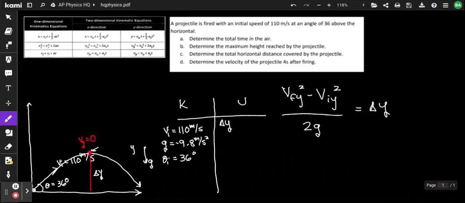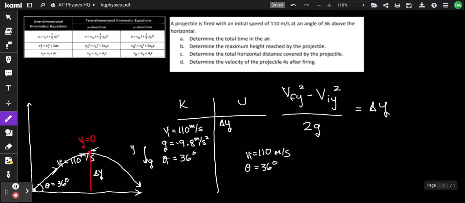Now, the issue is in finding the y component of our initial velocity. Remember that I went over the trigonometric uses in vectors, and we know that velocity is a vector. Our v initial is 110 meters per second with an angle of 36 degrees above the horizontal, right there. So that's our vector.